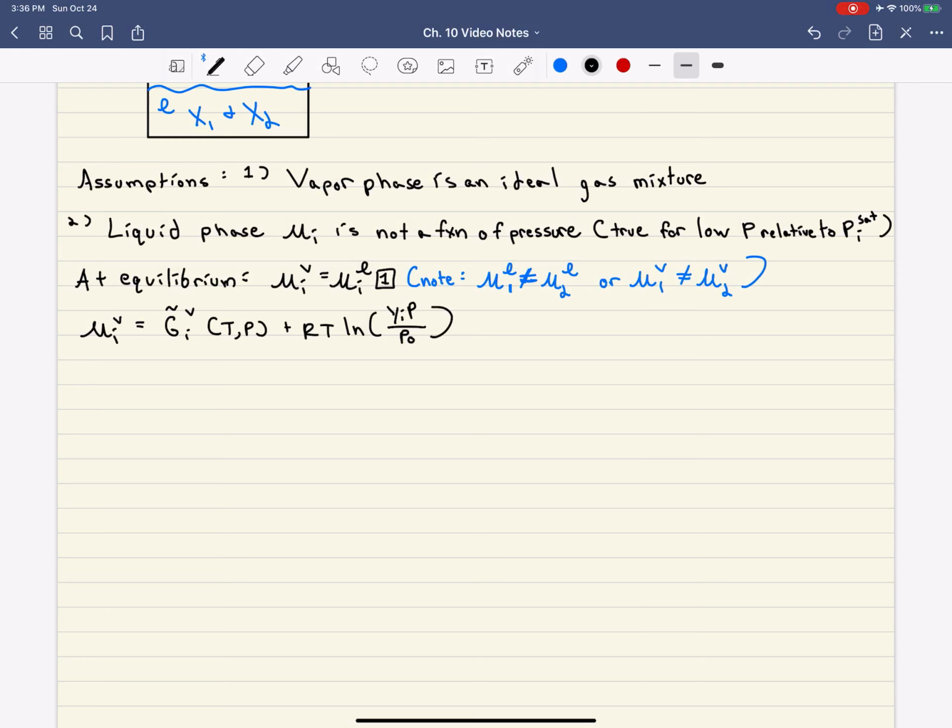Okay? And then the same for the liquid phase, we could write it like this. Where for the liquid phase, we're going to write it in terms of activities. I'll emphasize that these terms are for the pure component.